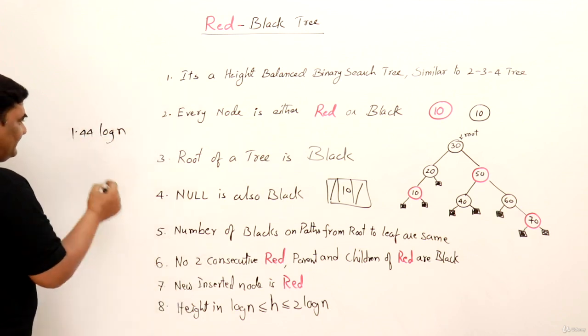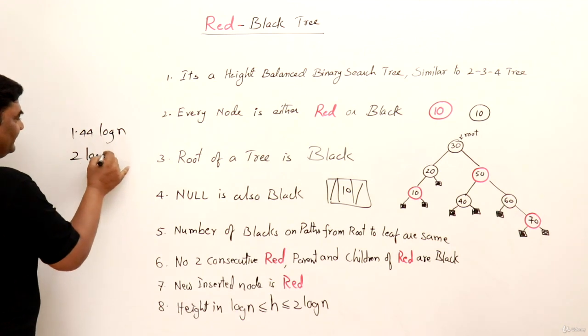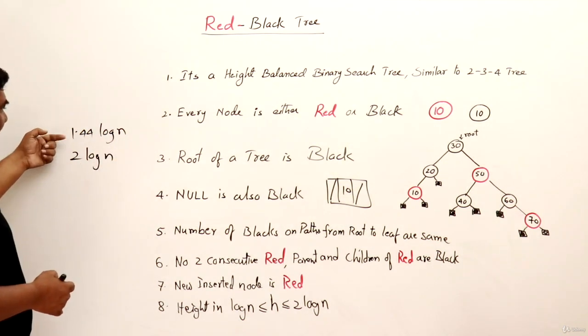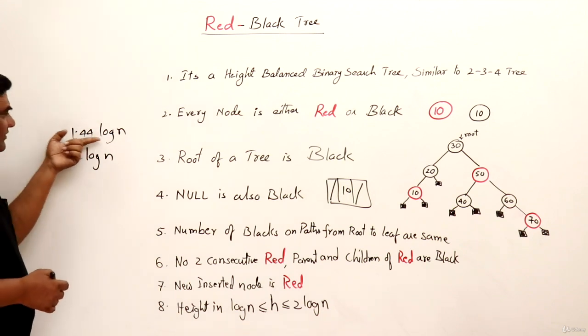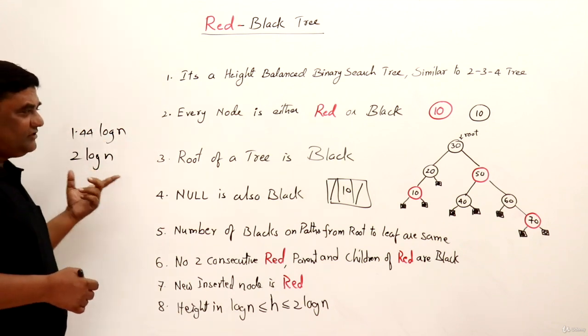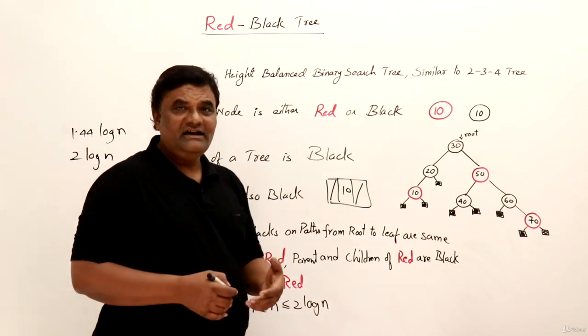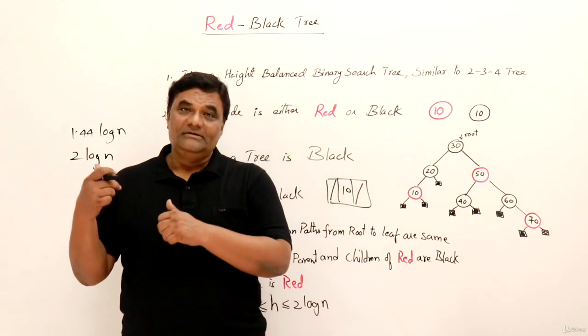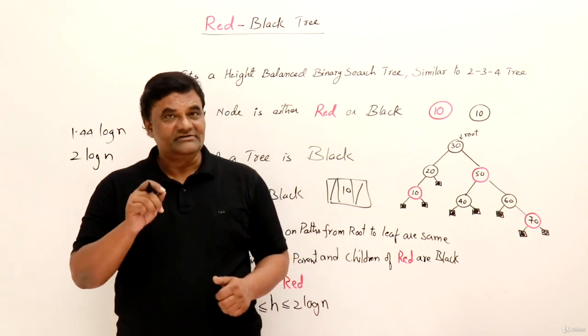Now red-black tree is 2 into log n. So it is little relaxing compared to AVL tree. We can say that AVL tree is more strict, but red-black tree is not that much strict. So it allows the height to grow up to 2 into log n. So the maximum height of red-black tree is 2 log n.